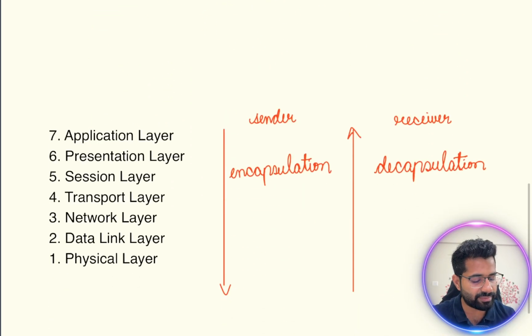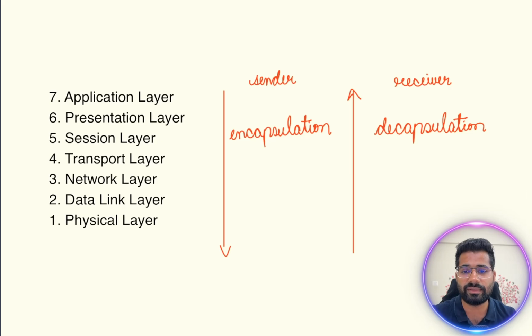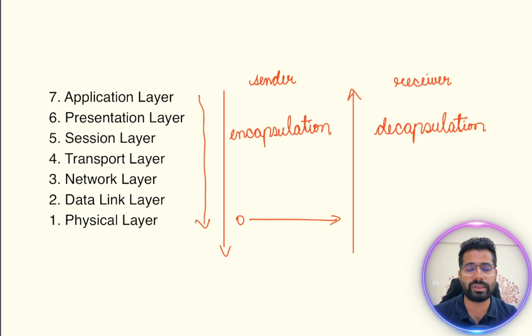The OSI model consists of 7 layers: physical layer, data link layer, network layer, transport layer, session layer, presentation layer, and application layer. When the sender wants to send data, it travels all the way from the application layer to the physical layer, where the data is encapsulated. That is, the data is encrypted, serialized, and broken down into smaller chunks so that it can be reliably sent over the network.